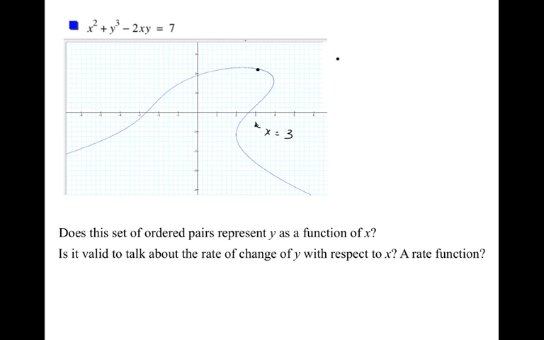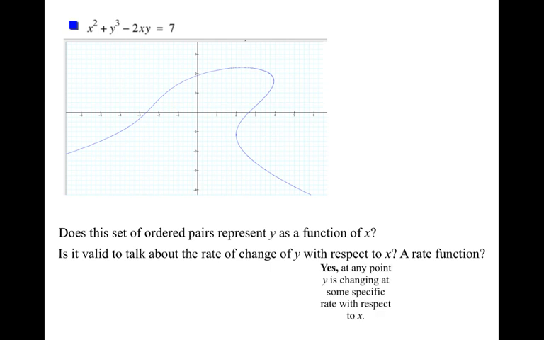What could it be a function of? Could it be a function of y? X and y. It could be a function of an ordered pair that you pick, right? So we can have a rate function as long as it's a function of points, x's and y's taken together. But we can't have a rate function as a function of x because there's more than one rate for a given x, and we can't have it just be as a function of y, but as a function of ordered pairs, that works.